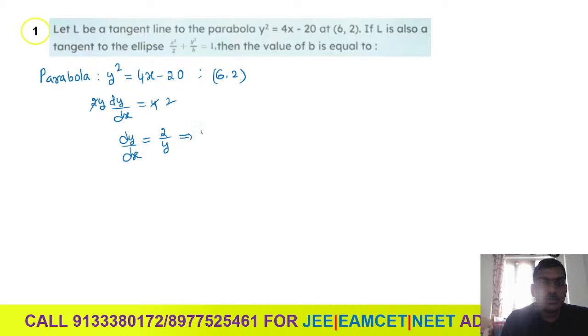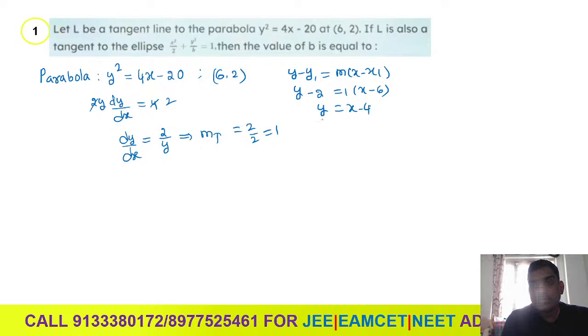So the slope of the tangent is 2 by 2, that is 1. Then the equation of the tangent: y minus y1 equals m times x minus x1. So y minus 2 equals 1 times x minus 6, so y equals x minus 4. This is the tangent line for the given parabola y square equal to 4x minus 20.